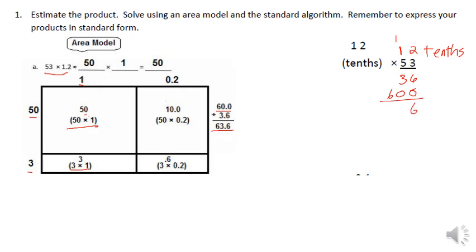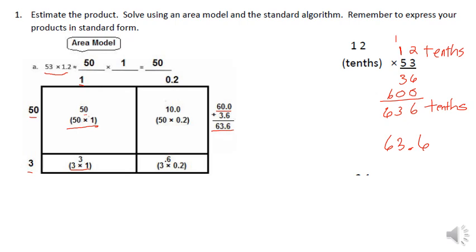5 times 1 is 5, and 1 is 6. Add them up, we have 6, 3, 6. And we know that this is tenths. So this is 636 tenths. So in order for this to be 636 tenths, it would end up being 63 and 6/10. Now it says estimate.